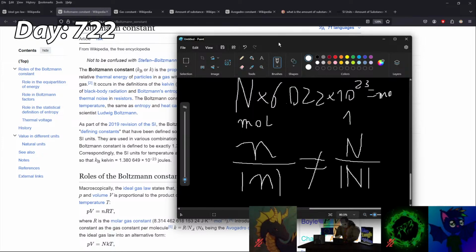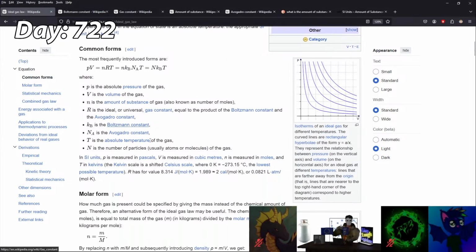Now, what is capital N? Capital N is the number of molecules. In this case, it's molecules because we're dealing with a gas. It's not atoms, unless you're doing noble gases, but in that case, let's treat them as molecules to generalize.